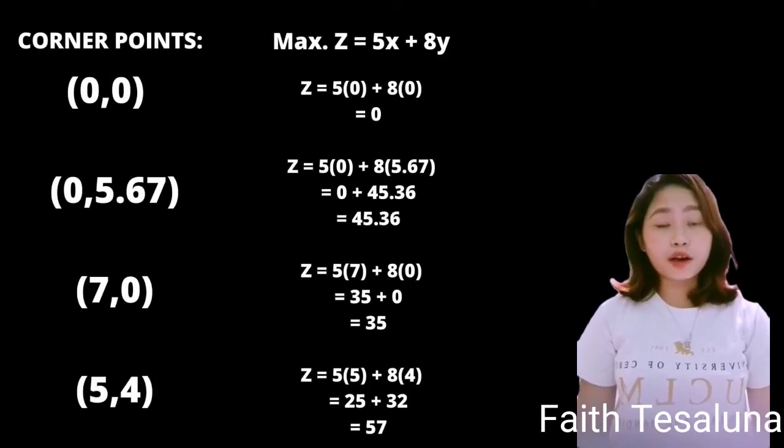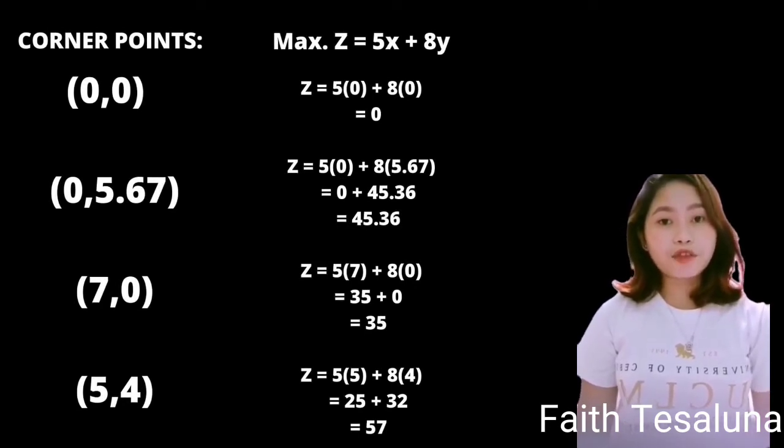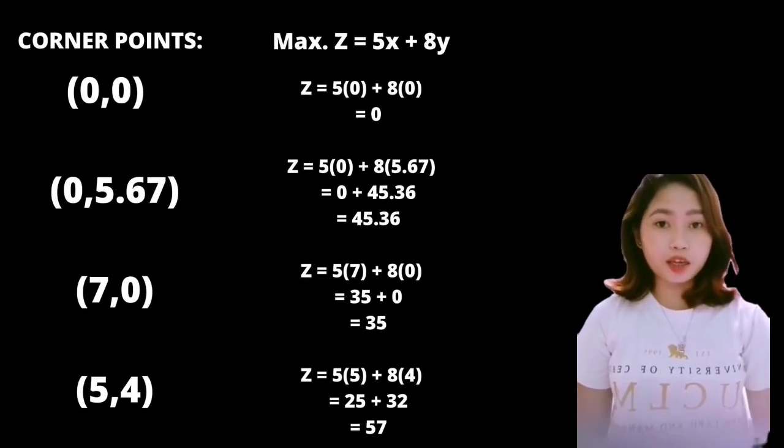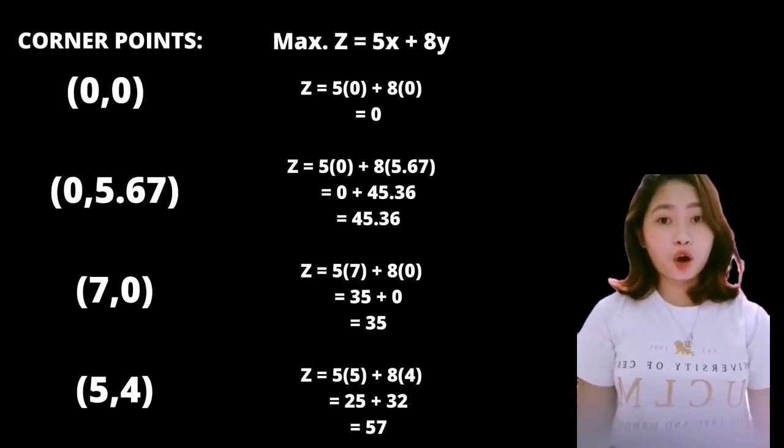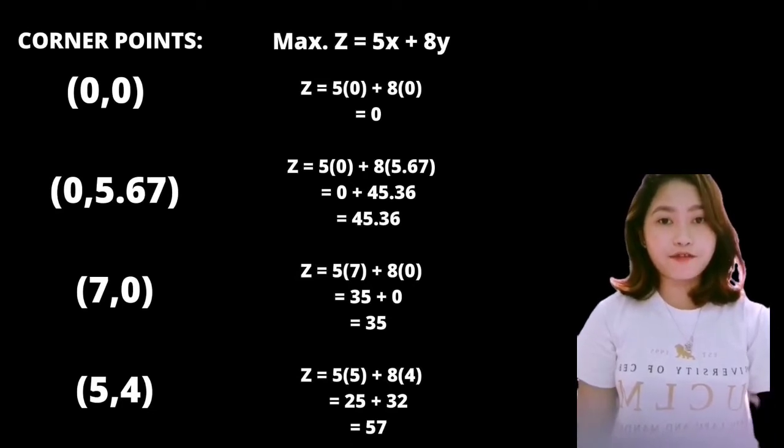Now we are down to our last step, which is to solve for our corner points. We have four different corner points (vertices) and our objective function, which is maximum of Z equals 5x plus 8y. To solve for our corner points, we need to substitute them in our objective function.